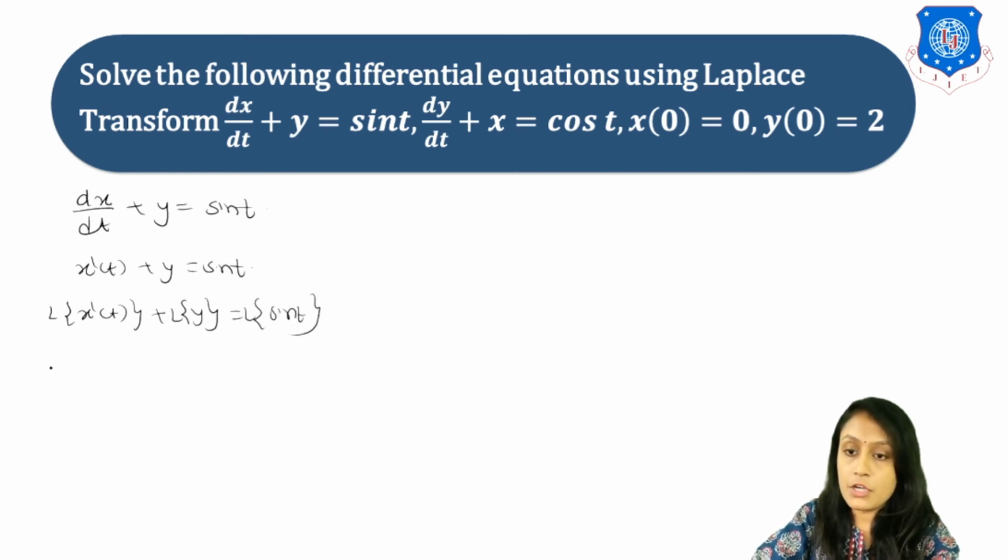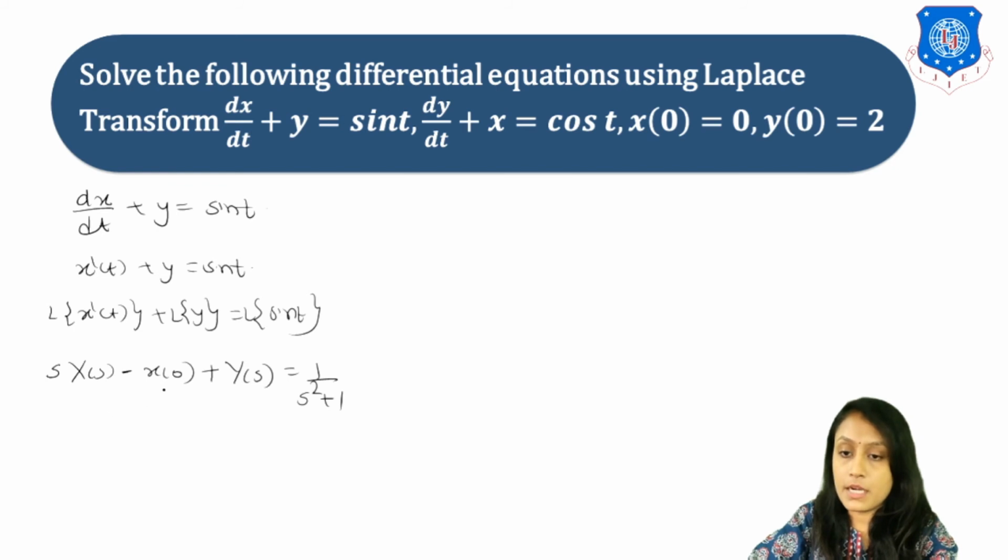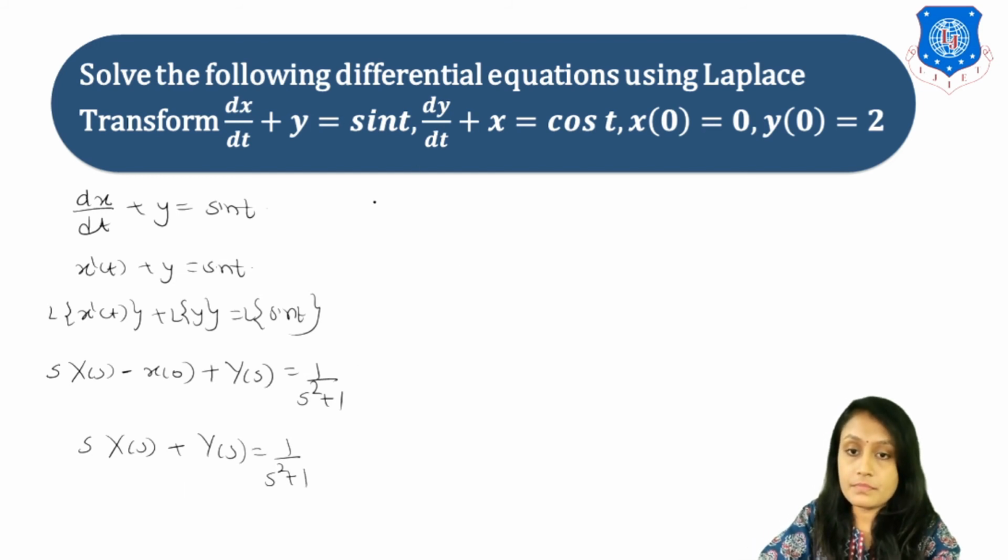So from this you will get sX(s) minus x(0), since we are in terms of x, plus Laplace transform of y, which is Y(s), and Laplace transform of sin t, which is 1 upon s square plus 1. Now we know that x(0) is 0, so this term is gone, and we have sX(s) plus Y(s) is equal to 1 upon s square plus 1.